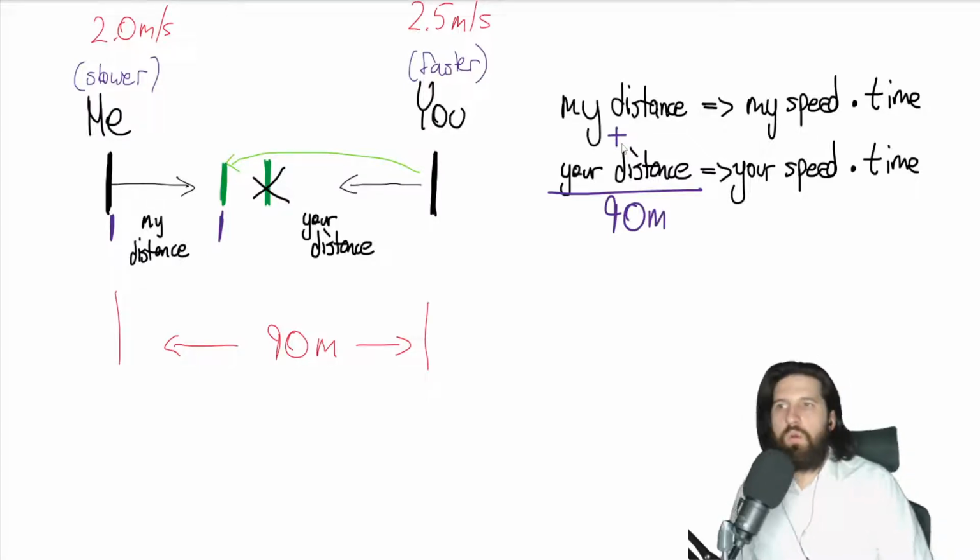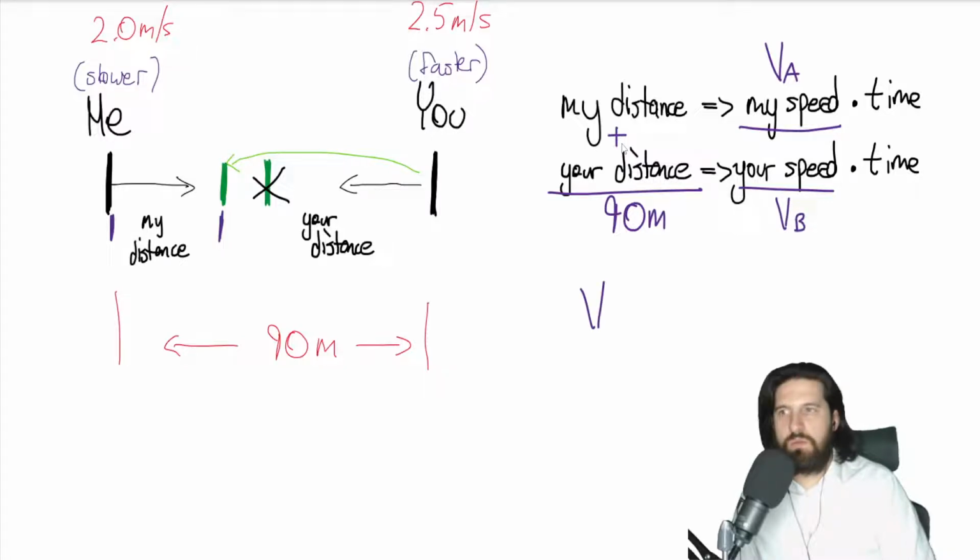My speed, let me call that VA, and your speed, let me call that VB. So this will be VA times time plus VB times time should equal 90 meters.